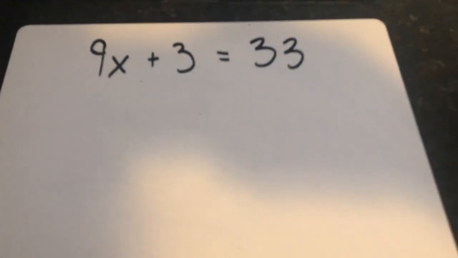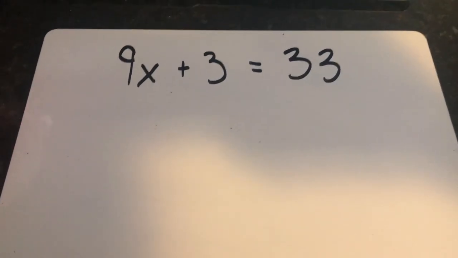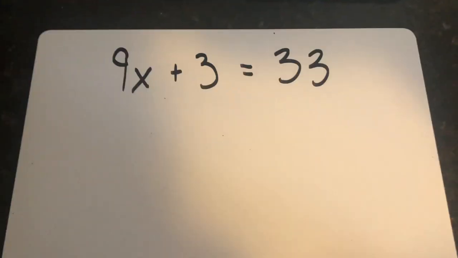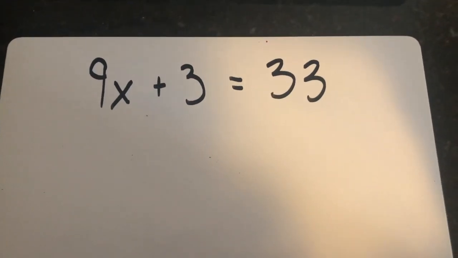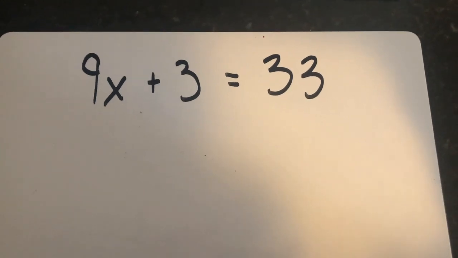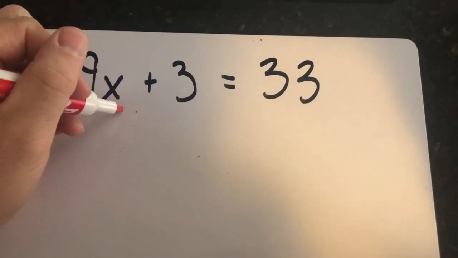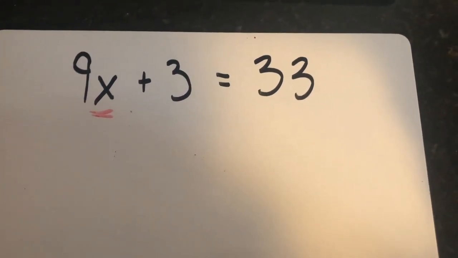So with this first example, it's a pretty simple standard two-step equation. The definition of a two-step equation means that we need to do 2 inverse operations to be able to solve for that variable. So with this, of course, our variable is x.